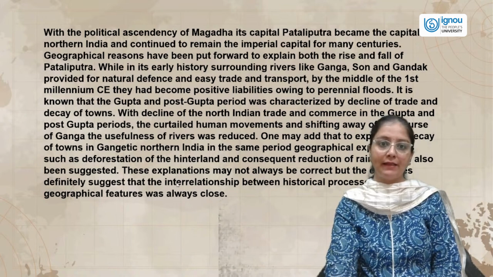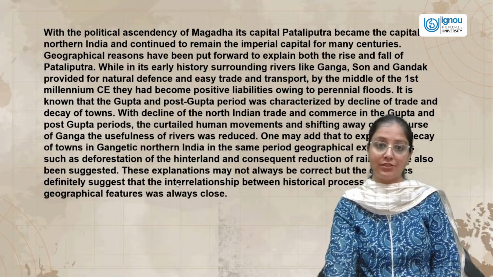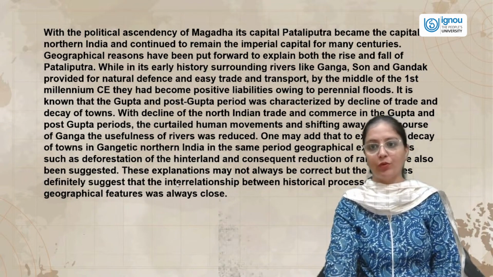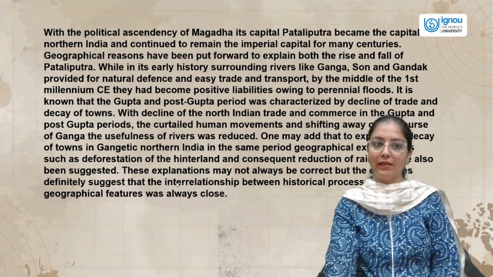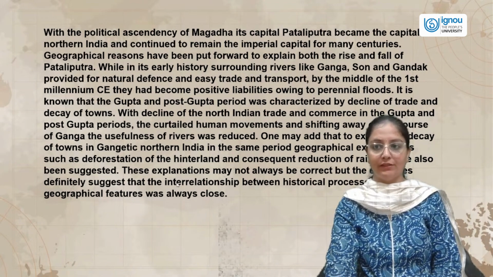While in its early history surrounding rivers like the Ganga, Son, and Gandak provided natural defense and easy trade and transport, by the middle of the first millennium CE they had become positive liabilities owing to perennial floods.